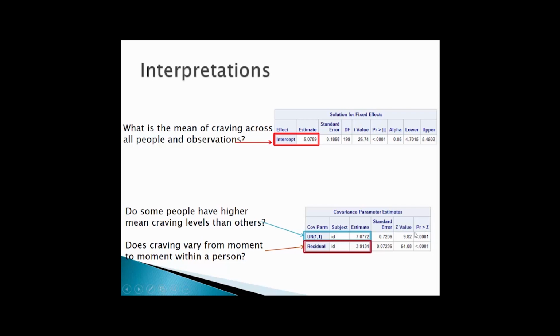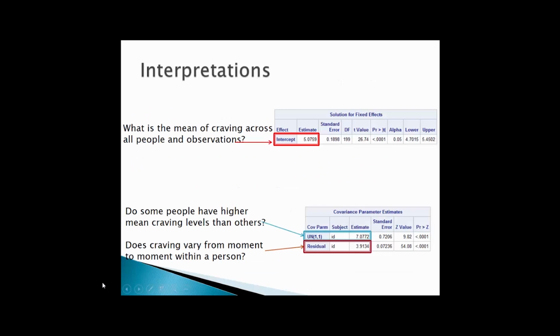And that is telling us that the variance of mean craving levels is higher than we might expect from random chance alone, suggesting that people do in fact, on average, have higher mean craving levels than others. Some individuals do have higher craving levels than others, and those differences are greater than we would expect by random chance alone.